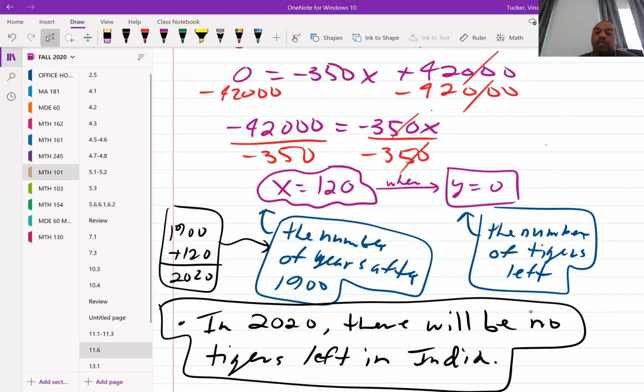So this equation states that in the year 2020, there will be no tigers left in India. All right, any questions?